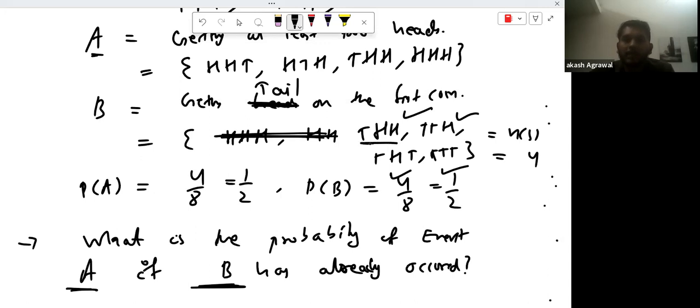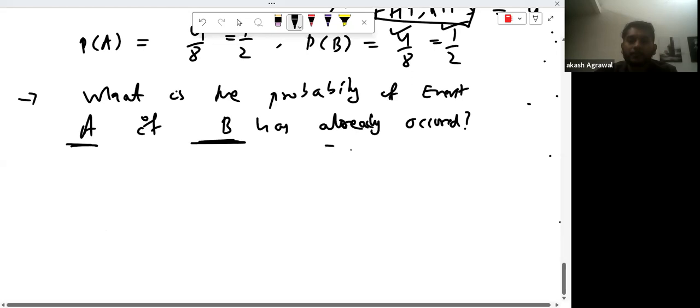So where are 2 heads? Look, there is one. So the answer will be 1 by 4. B has happened, that means something from these four has come. Now we have to find getting at least 2 heads. So how many elements are there? Only 1. So probability of this is 1 by 4. Is it clear? Yes sir.